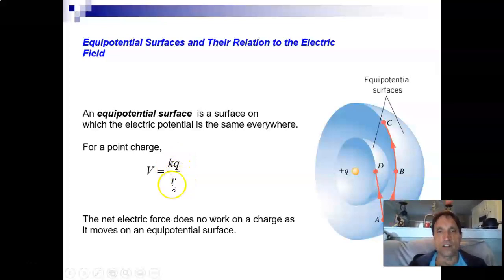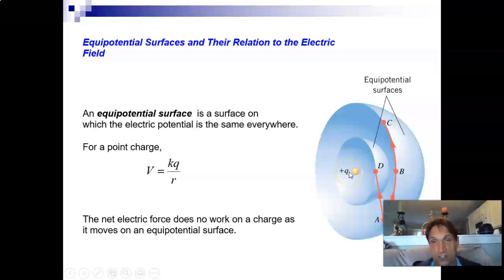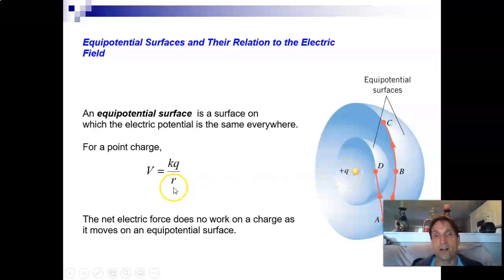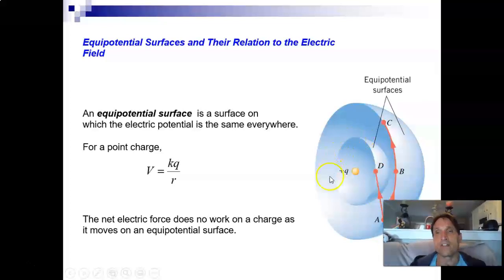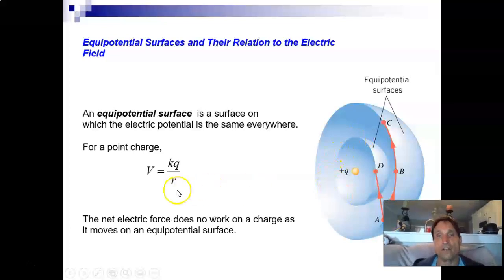And so we see that for a point charge at the same r, meaning the same radial distance from the charge, the potential is the same everywhere at a given r. And that's basically the definition of a sphere. And so these equipotential surfaces for a point charge are spheres. At a given r, a sphere of radius r is the surface of all points that have the same potential.